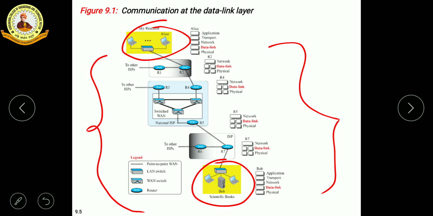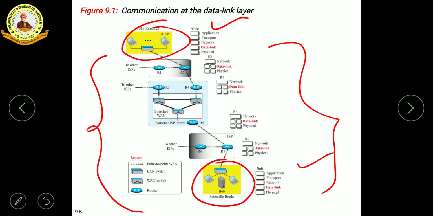This is figure 9.1. There you learnt about the physical layer, and the interactions that are done in the physical layer. But in today's chapter, we are referring to the data link layer everywhere. Alice is one person and Bob is the other person.